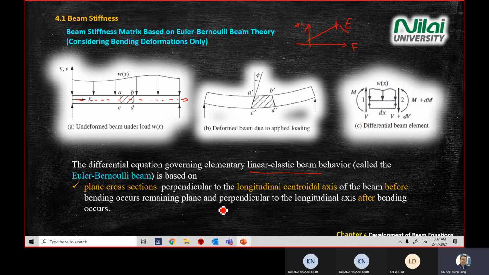The rest I think you can read from the screen here. It just means that the cross section will change from longitudinal within the bending effect, as you can see on the screen here. You will see that there's a change of plane, and there's a change of angle of your AC. From AC to A prime, C prime here, you see there's an angle. This just explains what bending is.